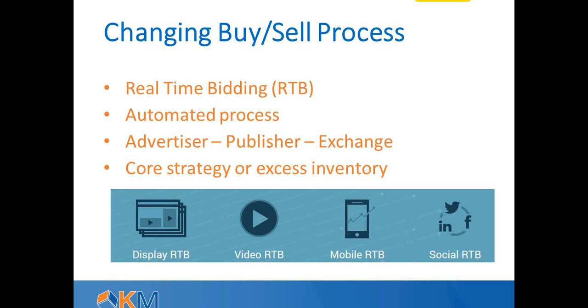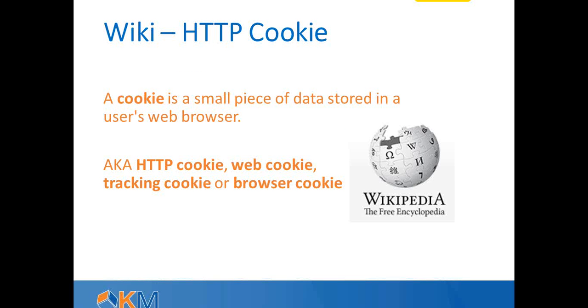If you look at Wikipedia, it says a cookie is a small piece of data stored in a user's web browser. People call it an HTTP cookie, a web cookie, a tracking cookie, a browser cookie, what have you. But as you navigate around the web, people are placing snippets of code within your browser information to identify who you are. And they're doing that for a whole host of reasons, including the placement of ads.